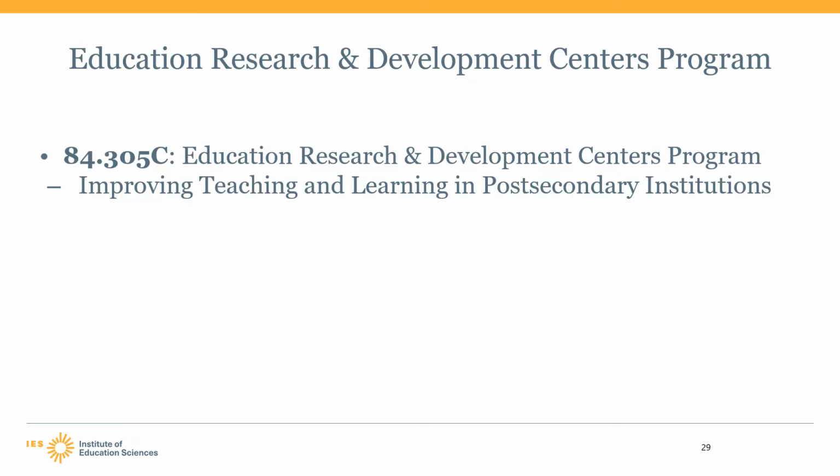For FY 2021, the Institute is competing one Research and Development Center through the Education Research and Development Center program, listed as a topic within the RFA for this program. For this topic, Improving Teaching and Learning in Post-Secondary Institutions, our goal is for the center to examine instructional innovations for improving post-secondary student learning outcomes.